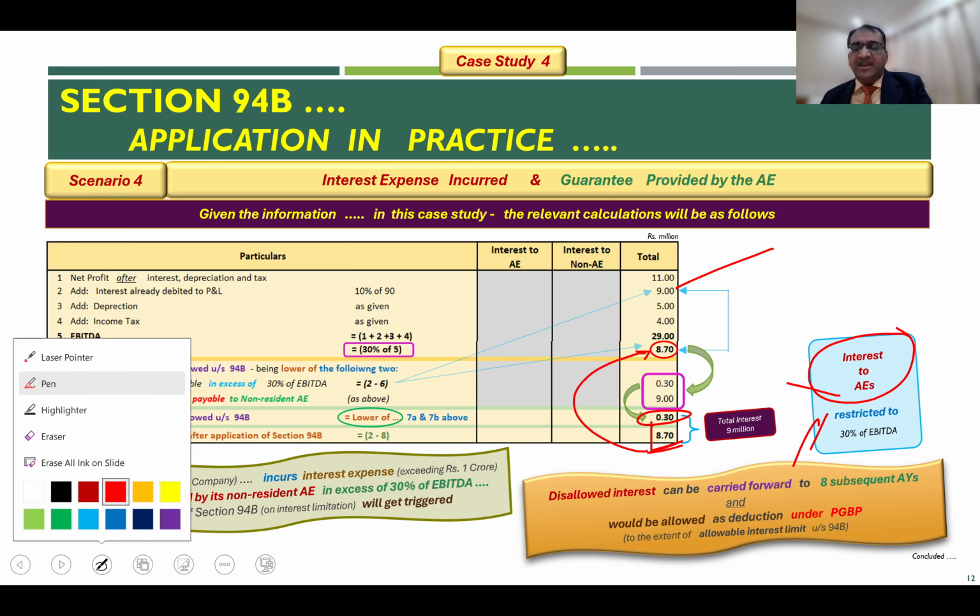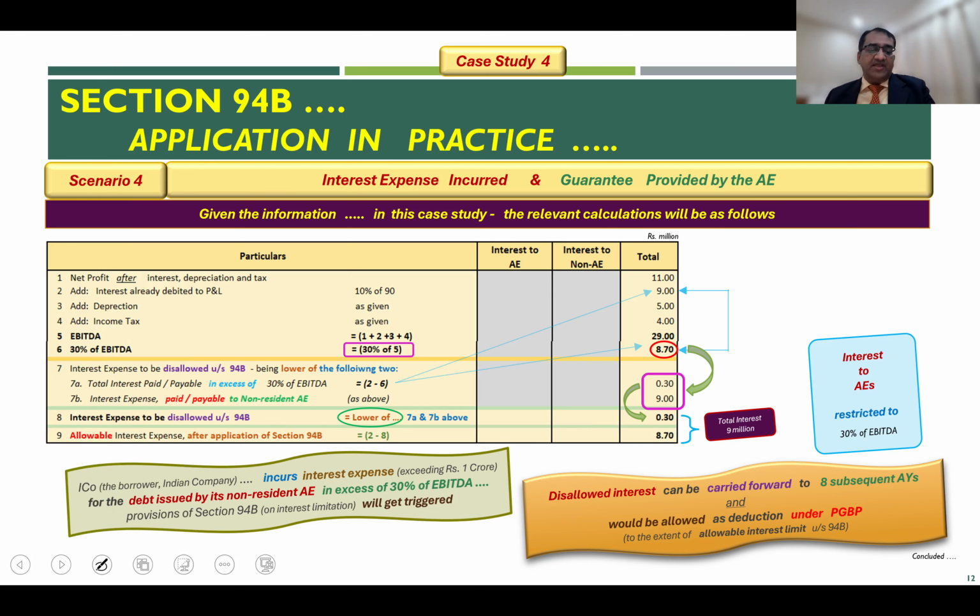Of course, as we have seen, the disallowed interest in this case of 0.3 crore can be carried forward to 8 subsequent assessment years. It would be allowed as a deduction provided other conditions of Section 94B are met and it is otherwise allowable under 94B.